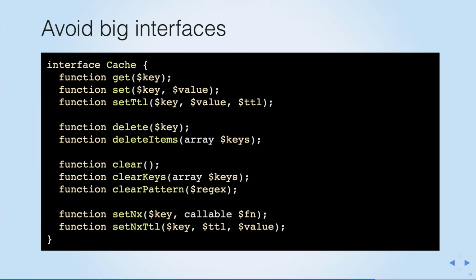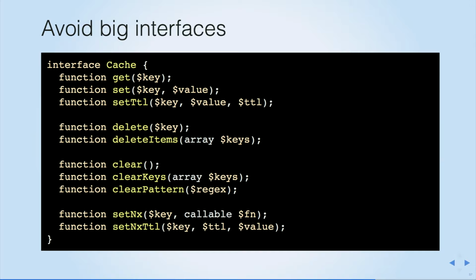The next piece of advice is to avoid big interfaces. When the caching PSR was discussed, people were trying to make a caching interface that covered all of the use cases. The caching started off with get and set, but then people needed to be able to set a TTL so that the item gets deleted after a while.